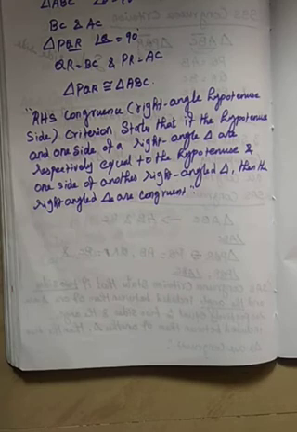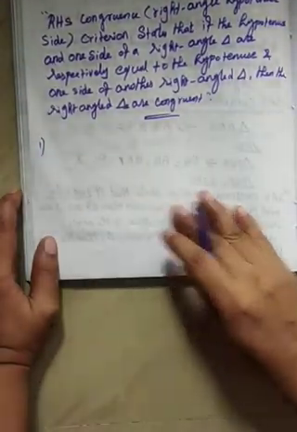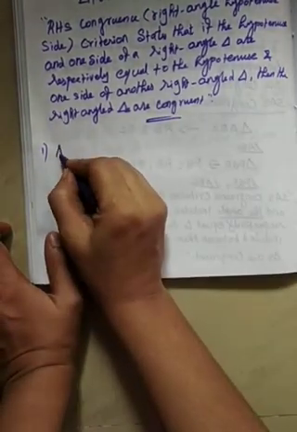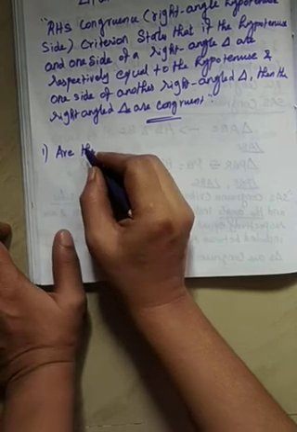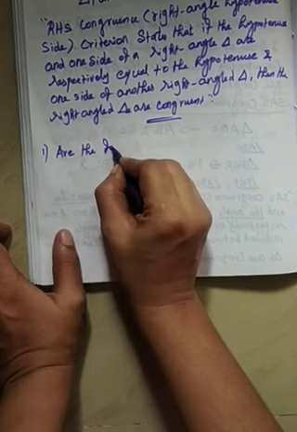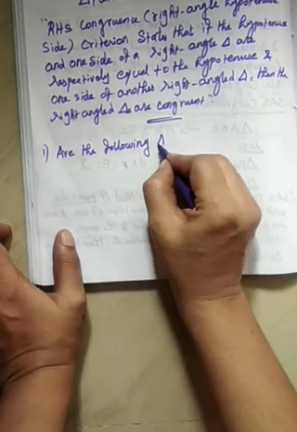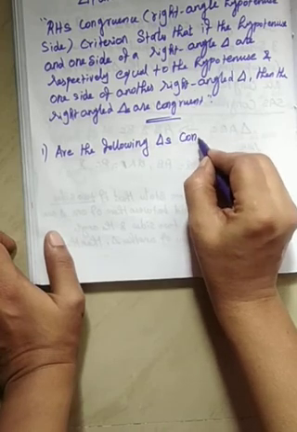Now we move to the example problem. The first problem: are the following triangles congruent?